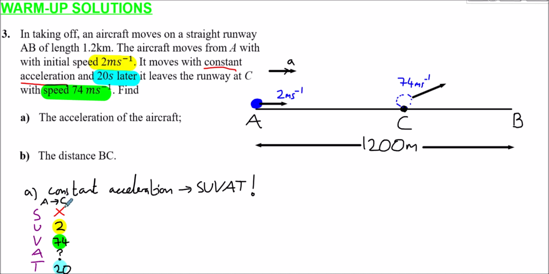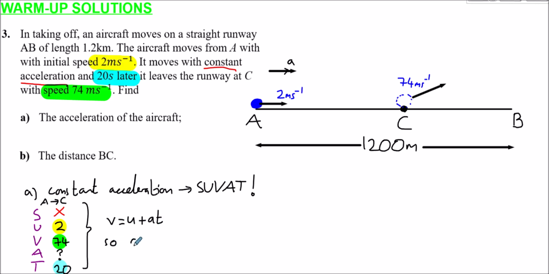So we want to work out A, and we need a SUVAT formula which doesn't involve S. I'm hoping you'd come to this conclusion yourself, have a think. We'd have to use V equals U plus AT.